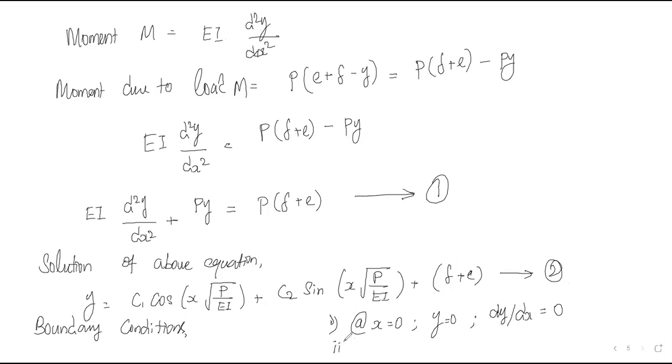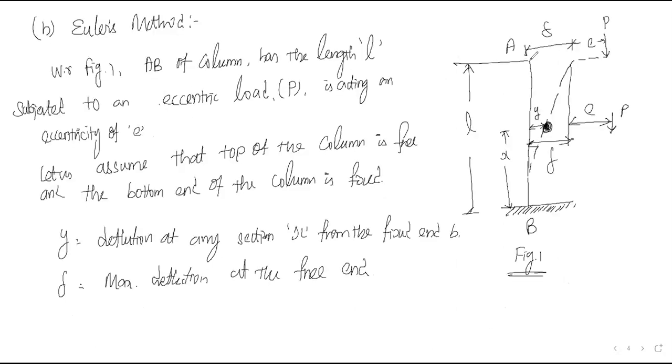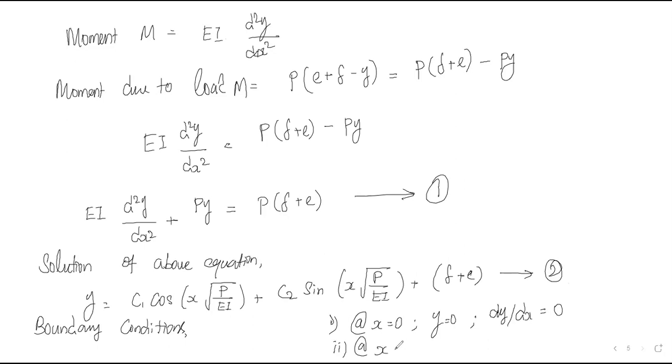Similarly, the second condition is at x is equal to L, y is equal to delta. This is what we are going to use to calculate the values of constants C1 and C2.